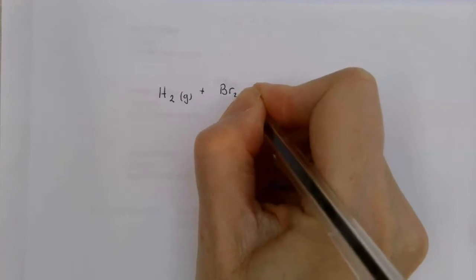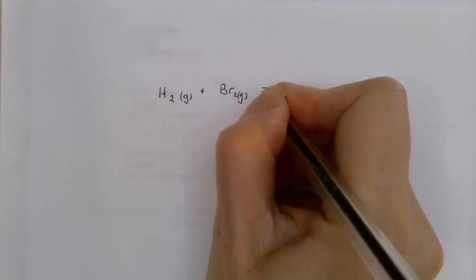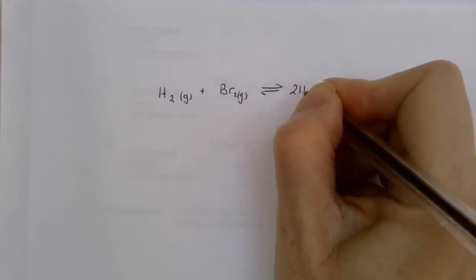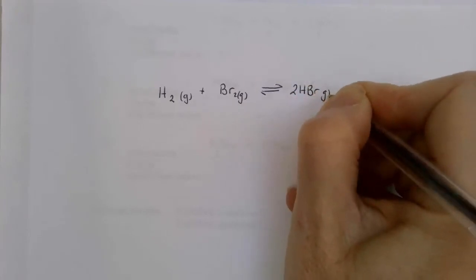So the first example we have is hydrogen gas and bromine gas reacting reversibly to form hydrogen bromide gas.